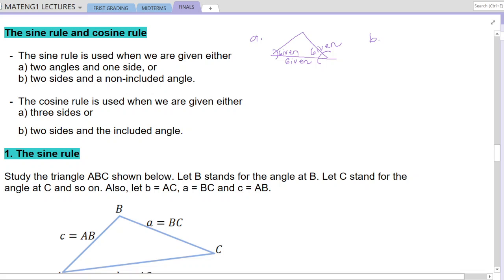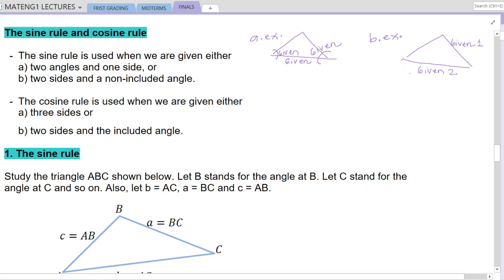For letter B, example again. We use the sine rule if we are given two sides and a non-included angle. If I draw a triangle again, two sides are given, so let's say the first side and then the second side.